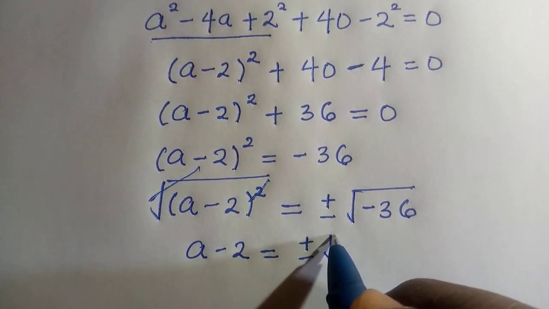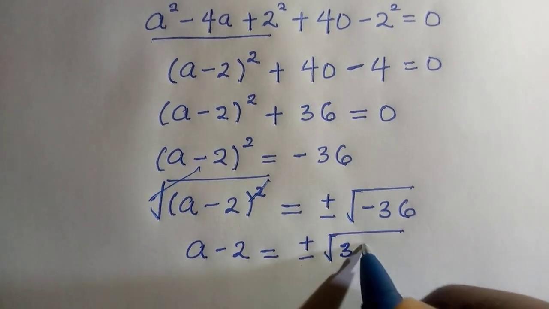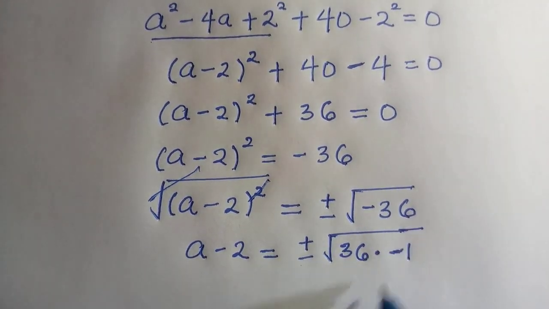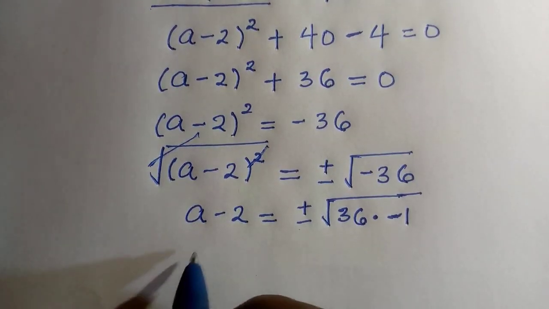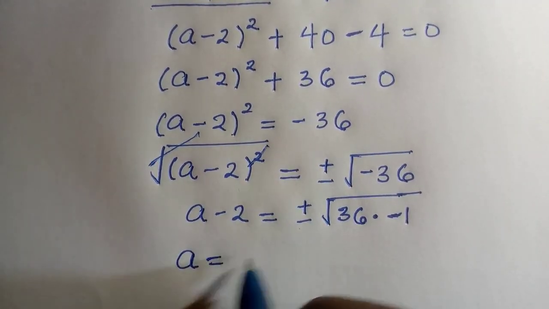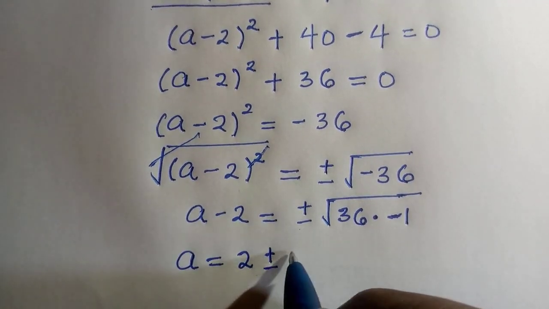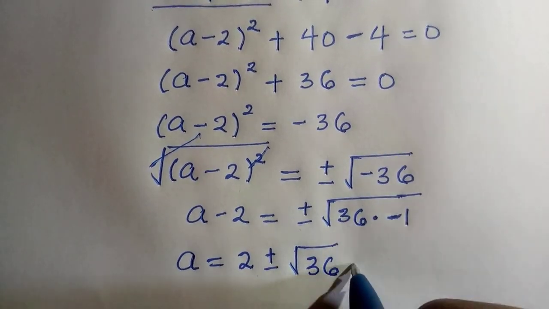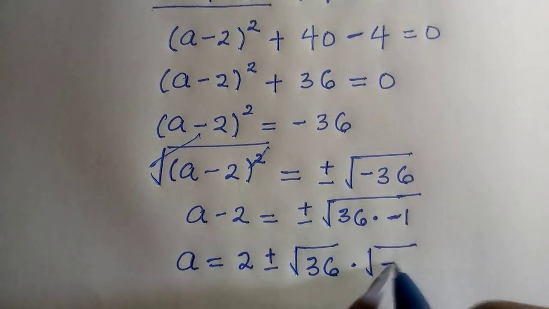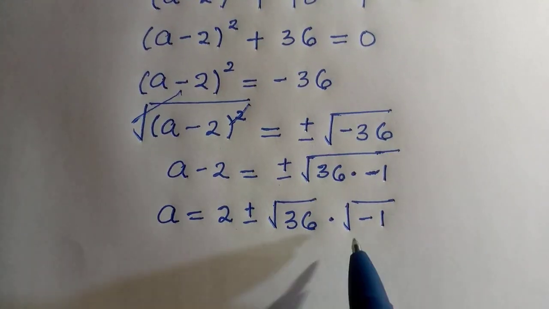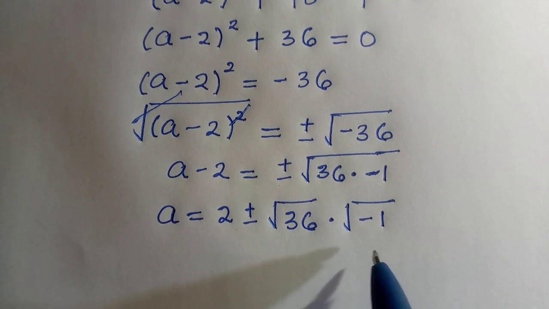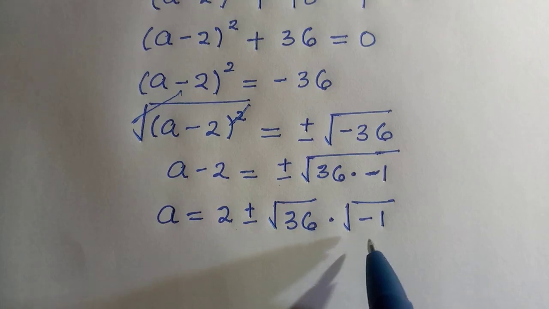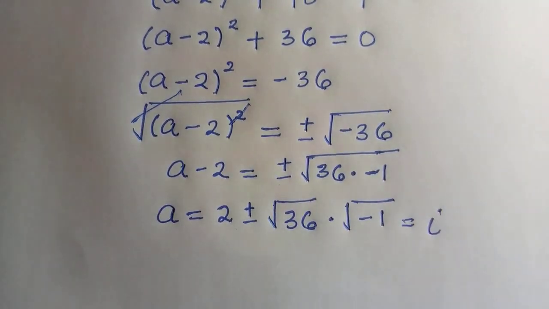We can separate this as the square root of 36 multiplied by the square root of minus 1. Here the square root of minus 1 we consider as i, because it is an imaginary root, which is iota.